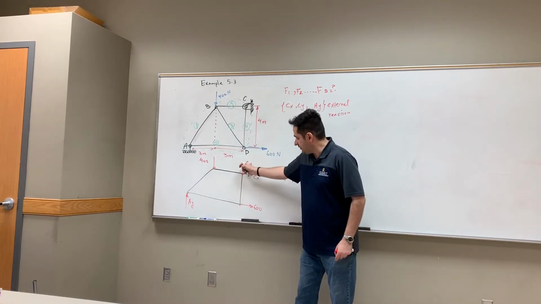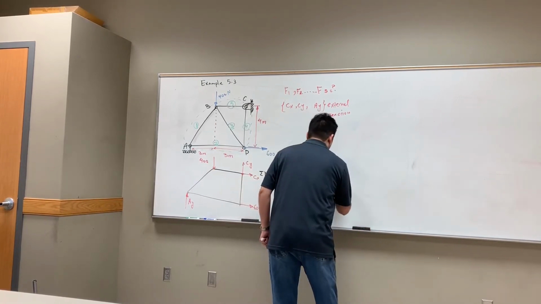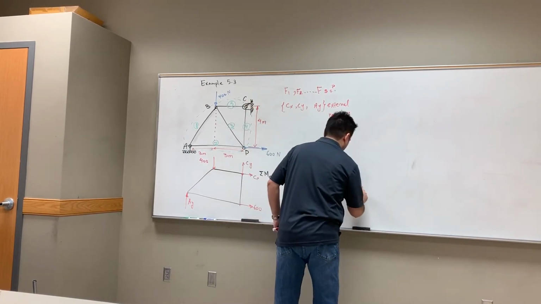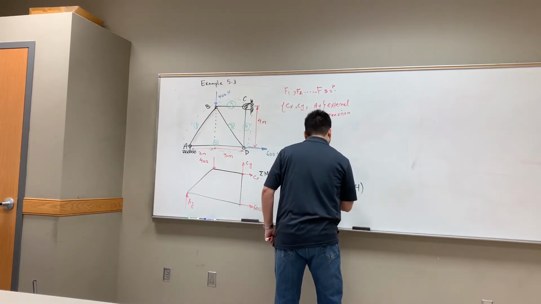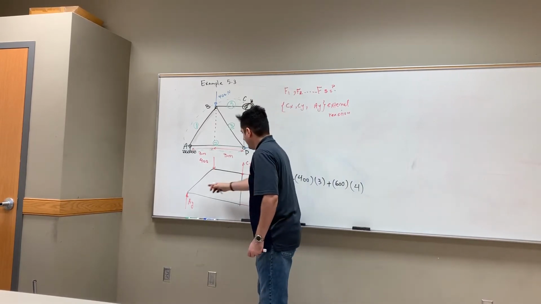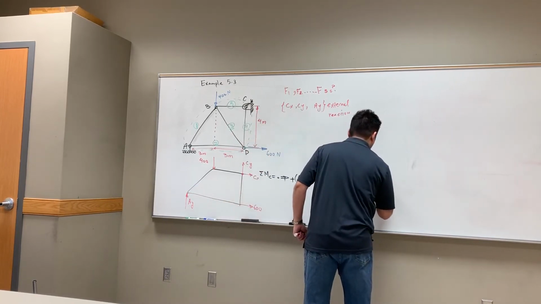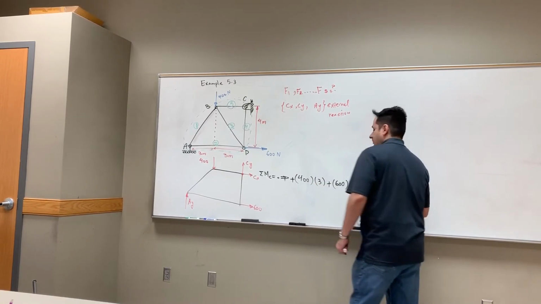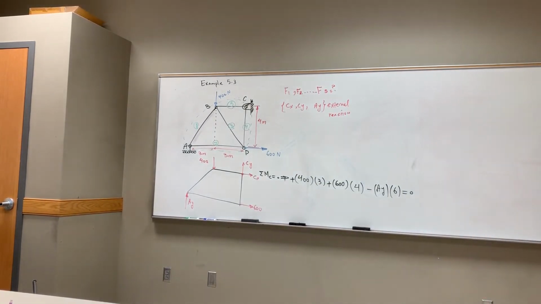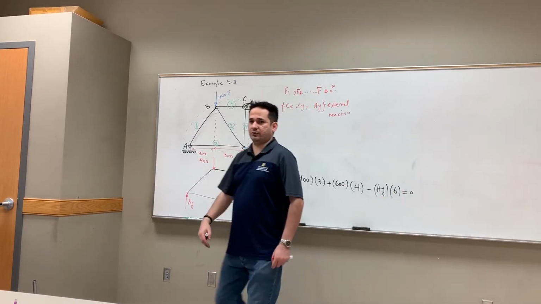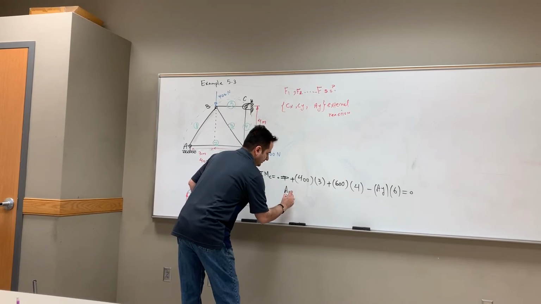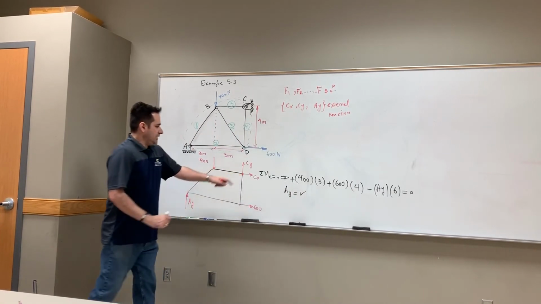Then 600 times this distance, 4, positive or negative? Positive. And finally, AY times 6 is equal to 0. How many equations, how many unknowns in this one line? One equation, one unknown. So you can solve for AY, right? How do you find CX?